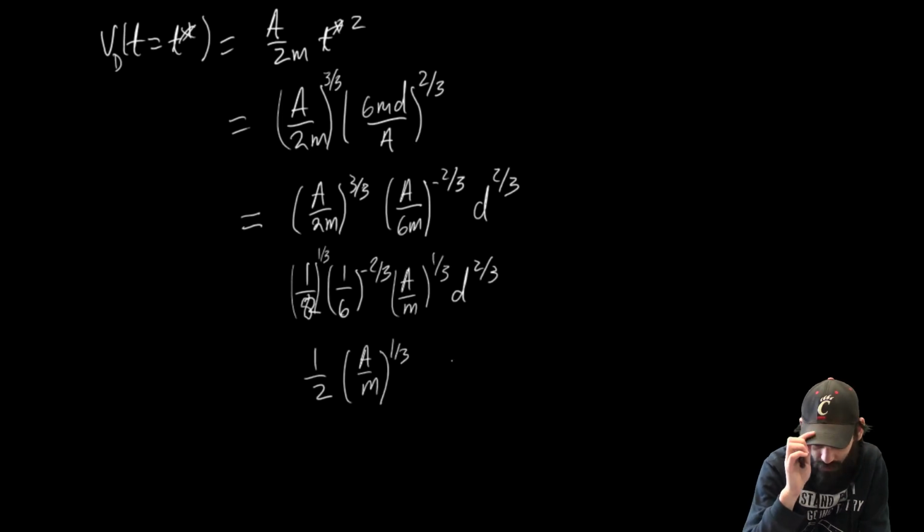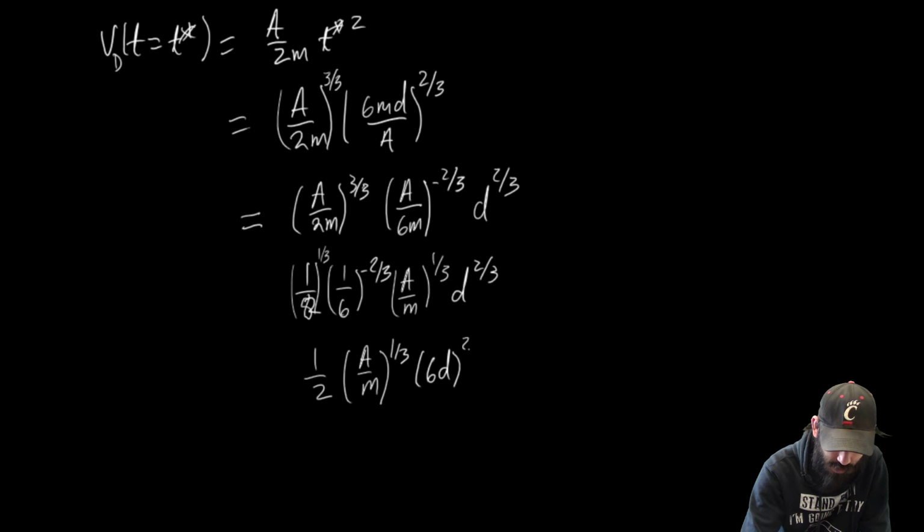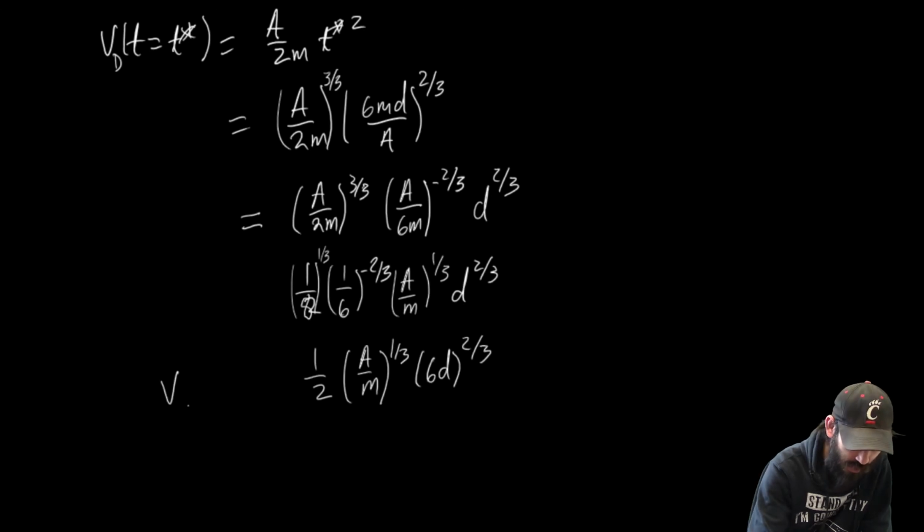I flipped the 6 over here, so this ends up being a 6d to the 2/3. Okay, so this is what our velocity for a is going to be when we get to the distance d.